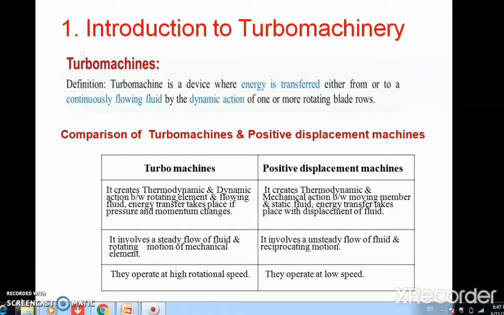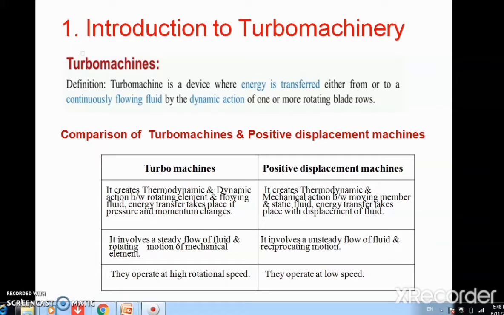You might have heard about the power absorbing machines and power producing machines. So here the energy is absorbed or energy is produced. Okay. Based on that energy transfer phenomenon, the turbo machine is defined as the device which is transferring energy either from or to the continuously flowing fluid. But the important word is dynamic here.